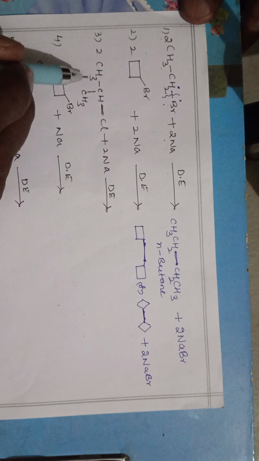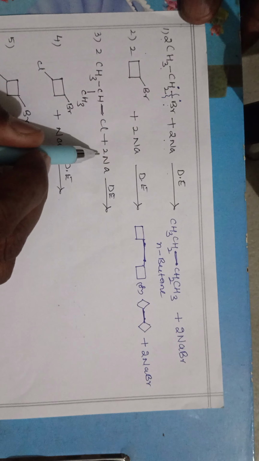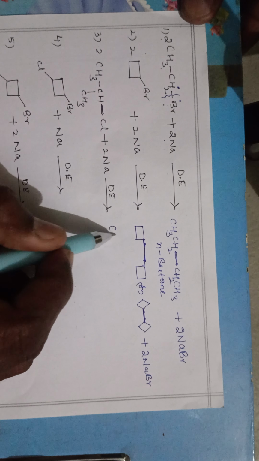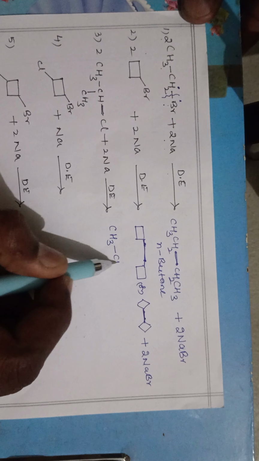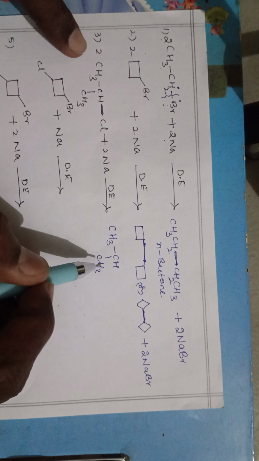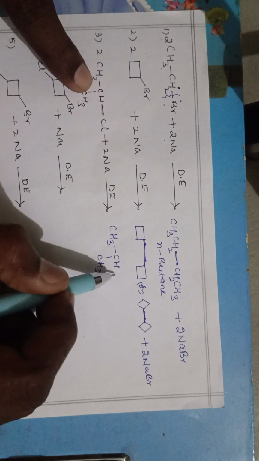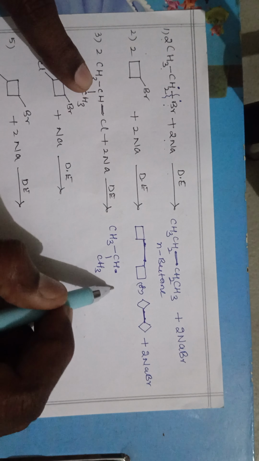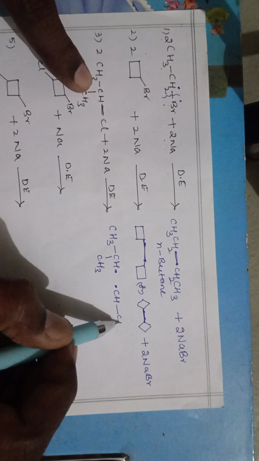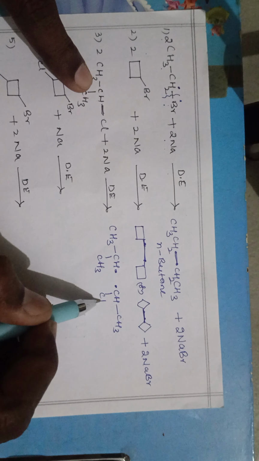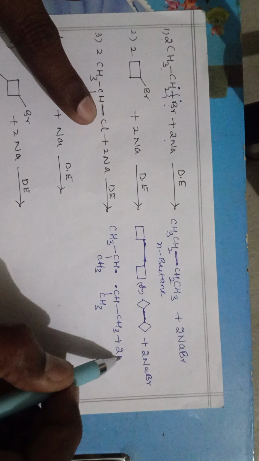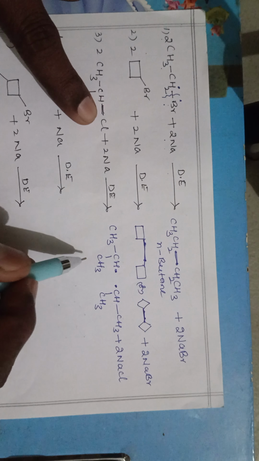Isopropyl chloride reacts with sodium metal in the presence of dry ether. CH3CHCH3, 2 moles here. Here 2 moles, 1 mole I took here, so 1 electron, and here 1 electron, remaining part as it is, CH3CHCH3, plus 2NaCl.